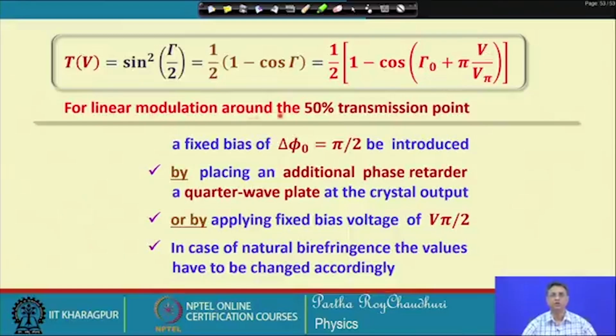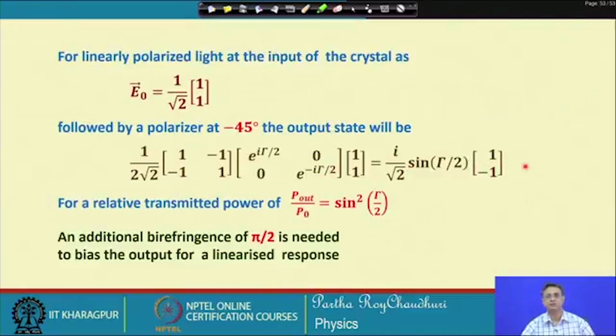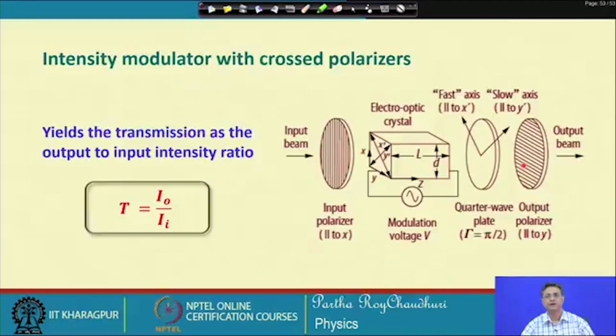For linear modulation around the 50% transmission point, a fixed bias of del phi 0 equal to pi by 2 has to be introduced here. This is done by placing an additional phase retarder. I think we have shown this earlier, an additional phase retarder by placing a quarter wave plate.